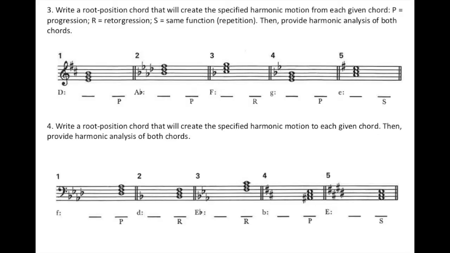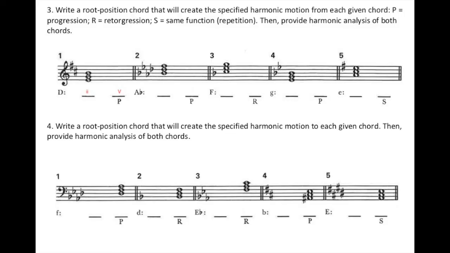So the final two questions there, questions 3 and 4, are just exercising you in this idea of progression, different types of progression, retrogression and repetition. So you're asked in the first question there, in the key of D major, from an E minor triad, which would be chord 2, what would produce a progression motion? So moving towards the center.